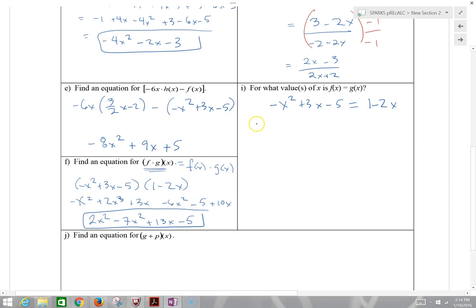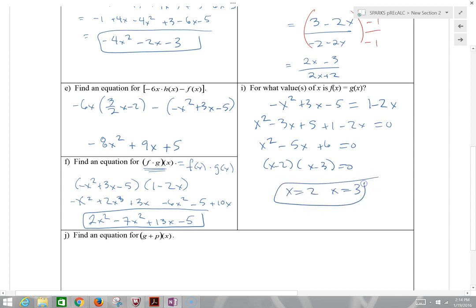And that'll give me x squared minus 3x plus 5 plus 1 minus 2x equals 0, which simplifies to x squared minus 5x plus 6 equals 0, which factors nicely. And we get 2 answers.